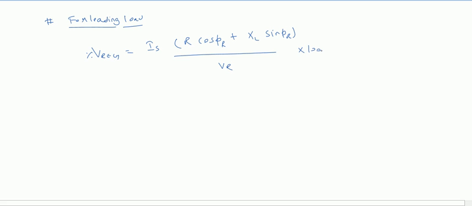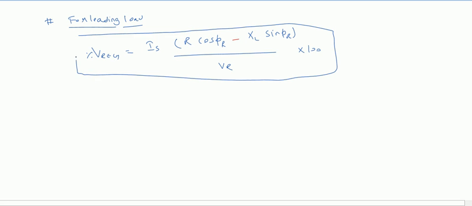So the change is that this plus sign will be replaced by minus for leading loads. You can directly use this relation for leading loads, but be careful about the sign here: Is by Vr into R cos phi r minus xl sin phi r.